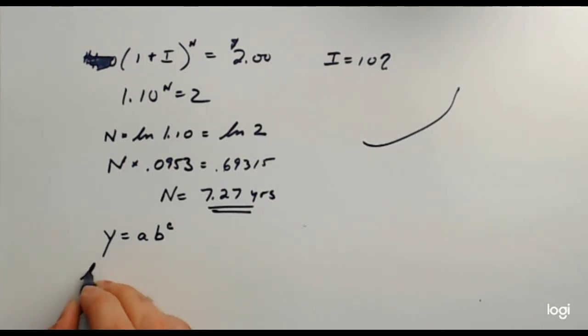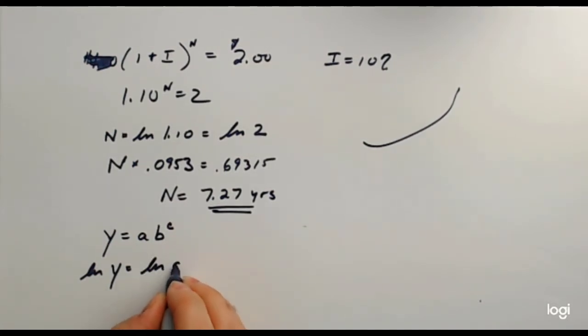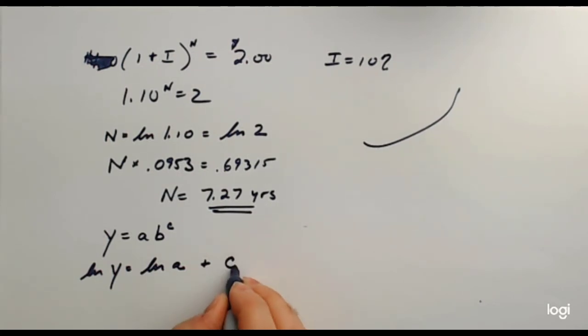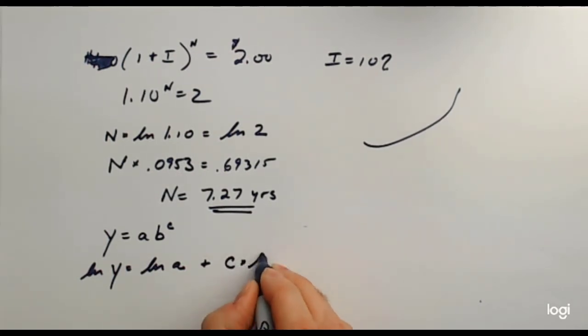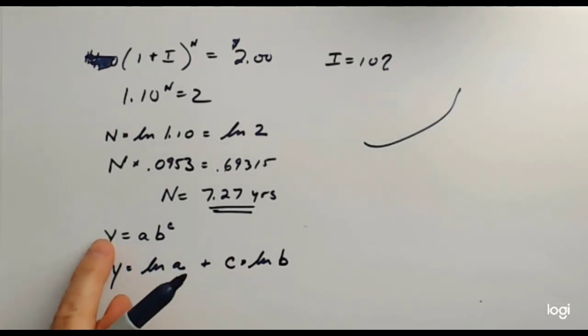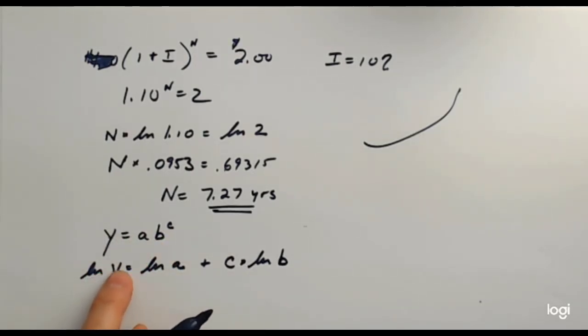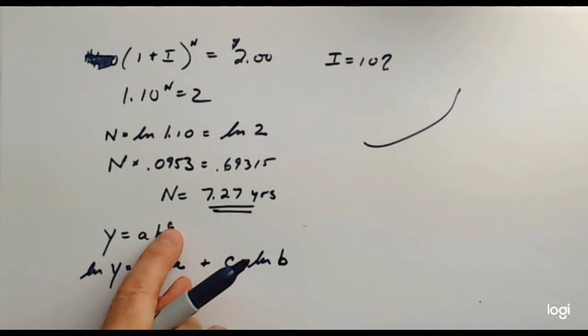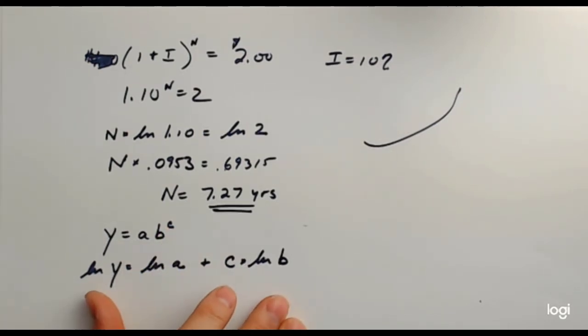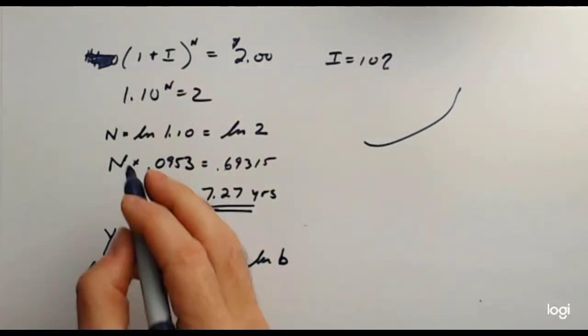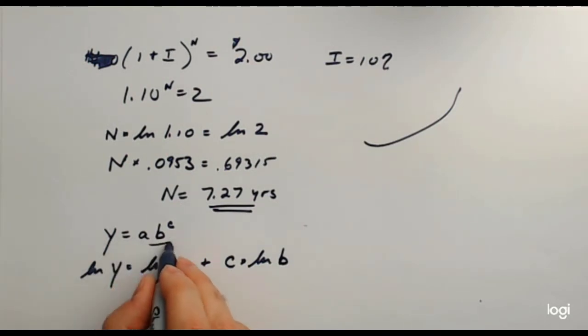So what you do is you take the log of y equals the log of a, that's natural log, plus c times the natural log of b. And this will work. But notice you get the c down here as multiplication and not an exponent, and that's how it becomes easy to solve.